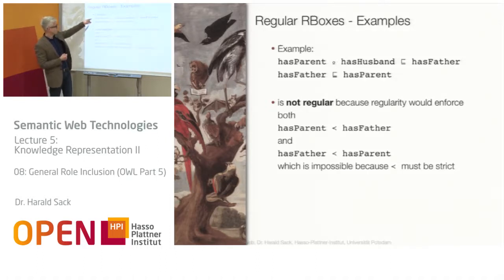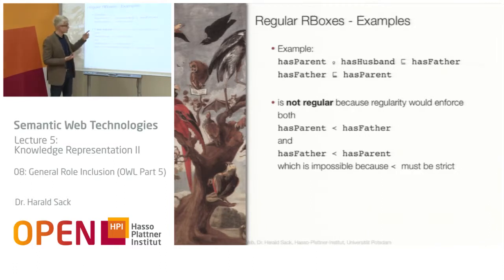From the first rule that we have here, it would induce that has parent is smaller than has father. And from the second one, it would induce that has father is smaller than has parent. And this is, of course, no strict ordering, because this must be strict. In both, the same order must be applied. And therefore, this is not a regular RBox.